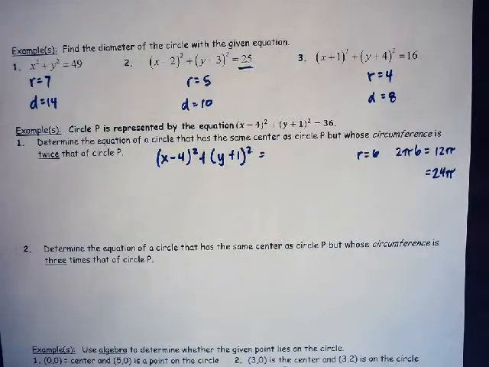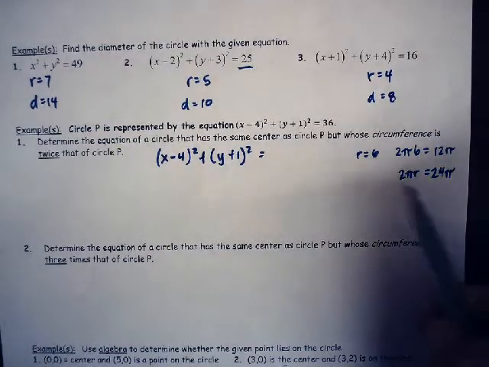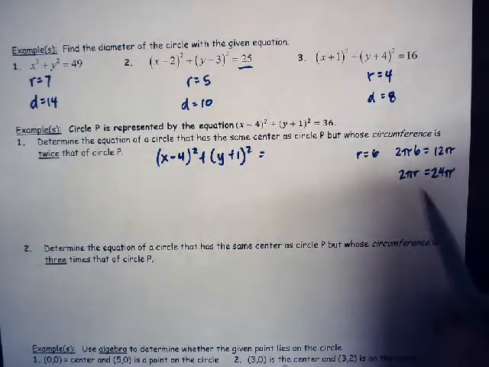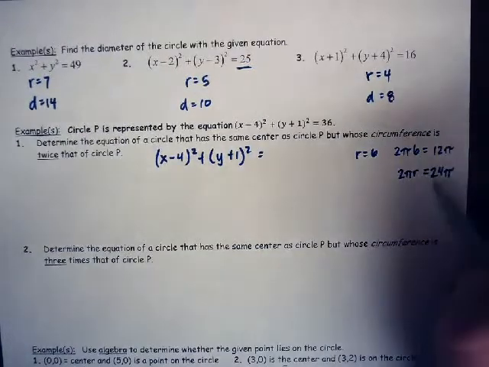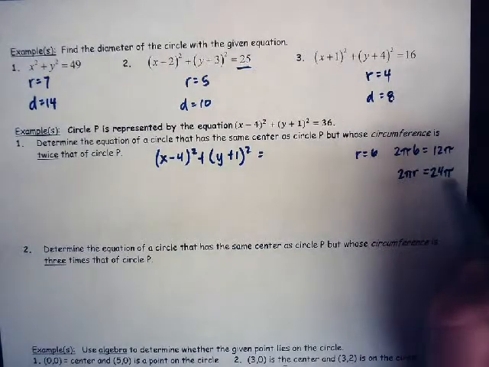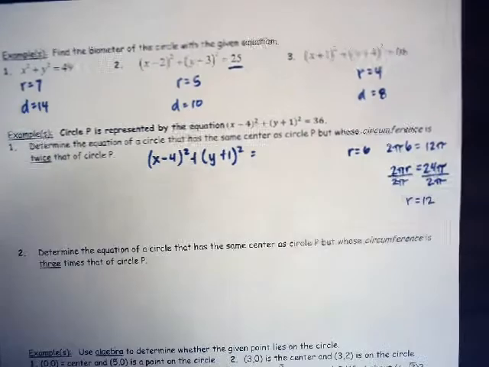So what would that make my radius be then? What I'd have to do is say 2 pi r equals 24 pi, because that's the equation for circumference. So if I divide both sides by 2 pi, I get the radius equals 12.